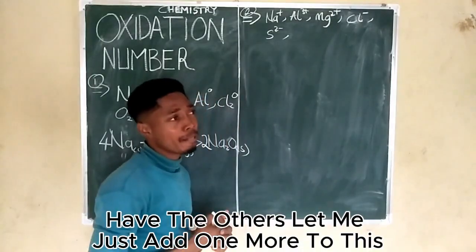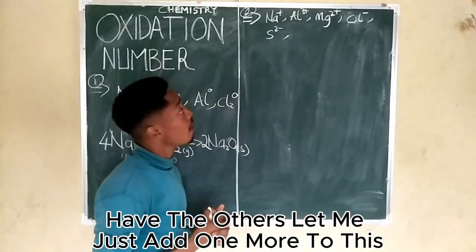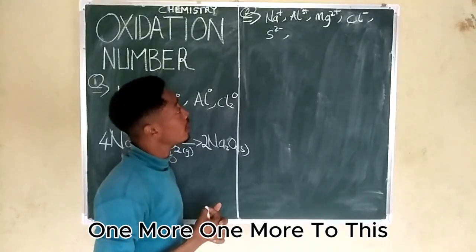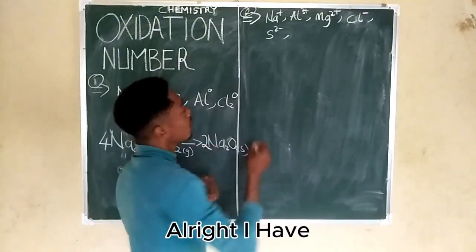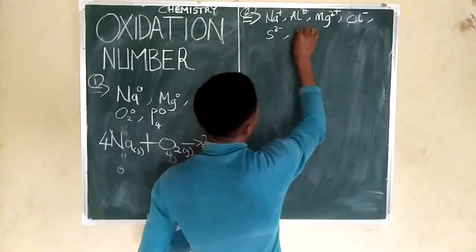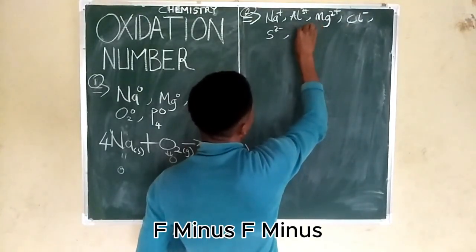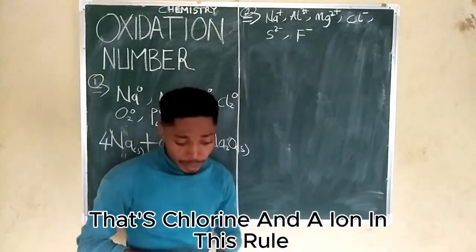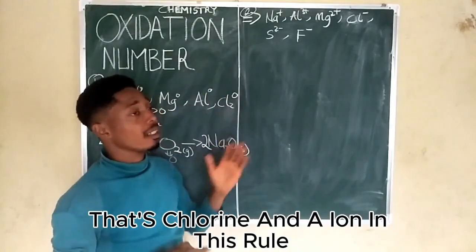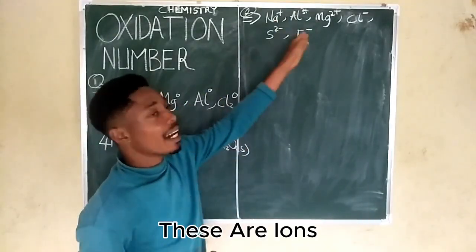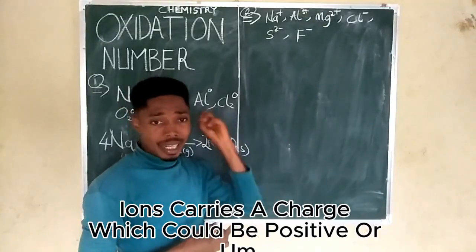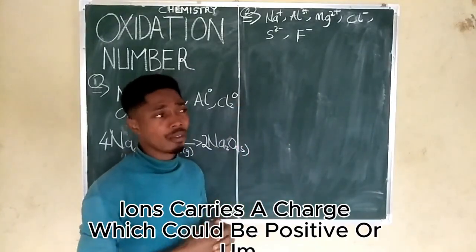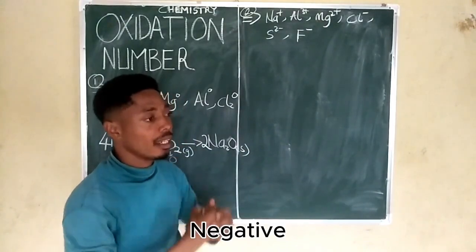But let me just add one more to this. I have F-, that's fluoride ion. In this rule, these are ions. Ions carry a charge, which could be positive or negative.